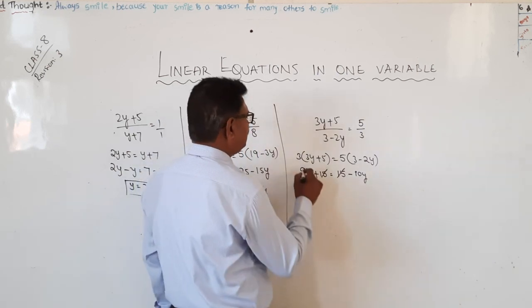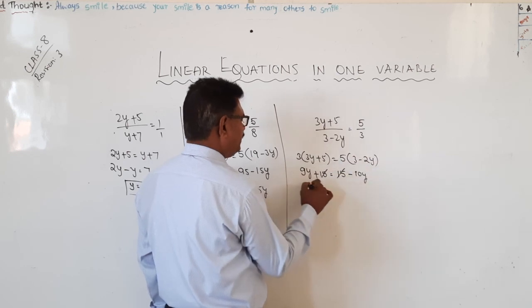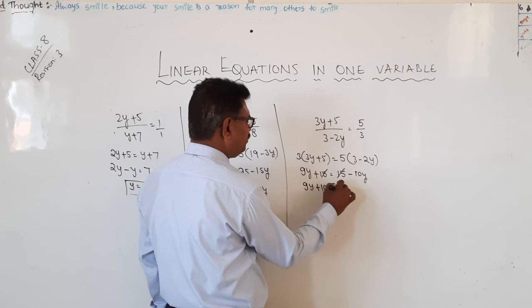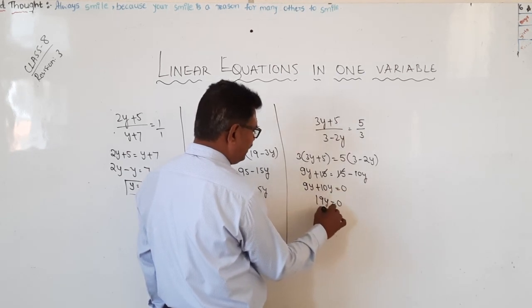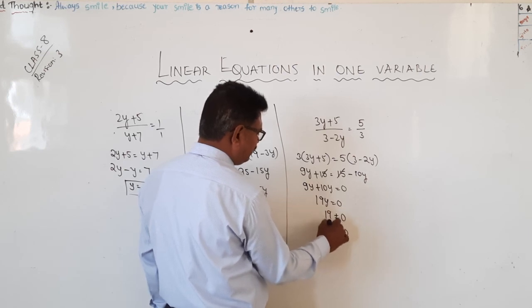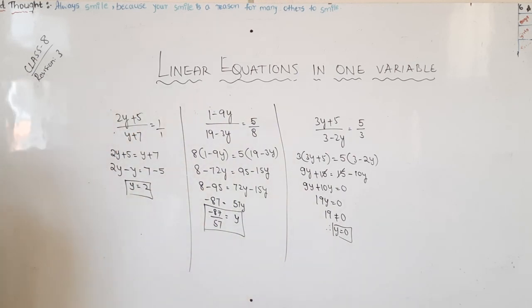Okay? Yes, 3 3s are 9, 3 5s are 15, 5 3s are 15. Therefore 9y plus 10y equal to 0, 19y is equal to 0. Here 19 is not equal to 0, therefore y equal to 0. Okay? So very simple.